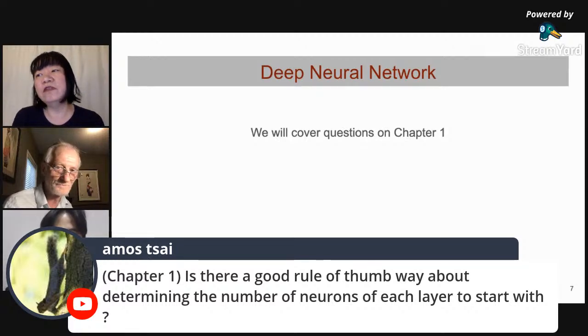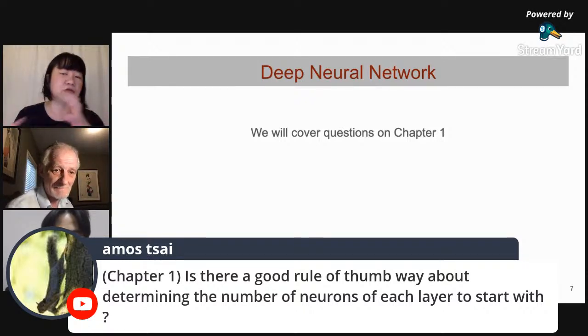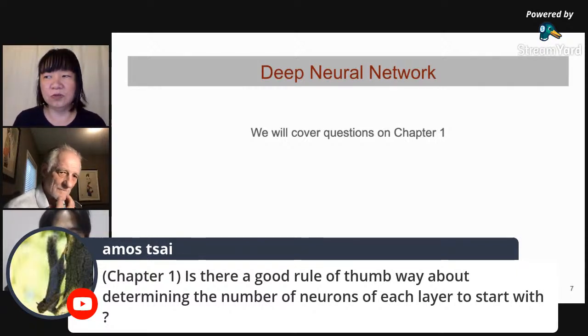So one way of learning how to do the architecture, Andy's book is about the design pattern, and design pattern is also a lot about how to structure your network, right? Not so much about how many layers, but as you look at all these famous networks, you kind of get an idea of how to structure your network.